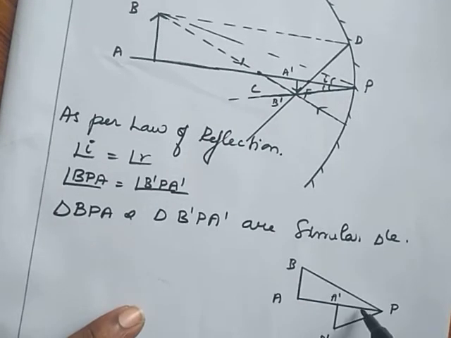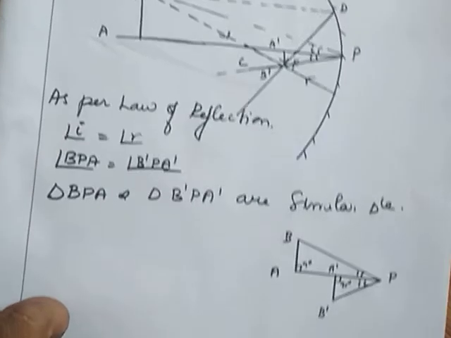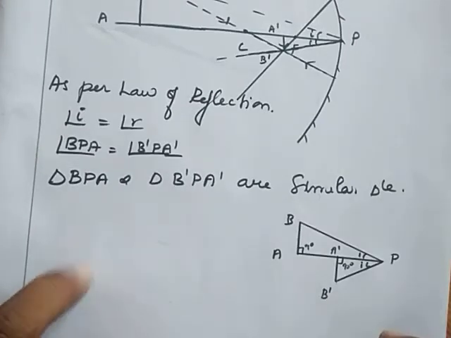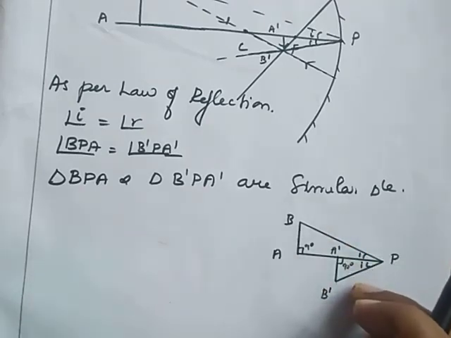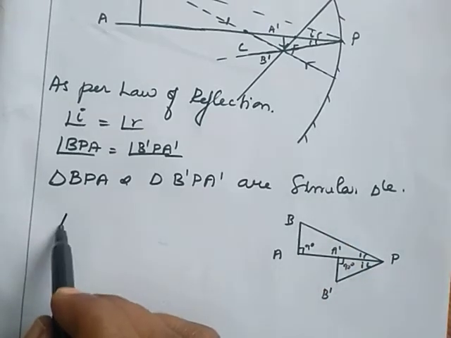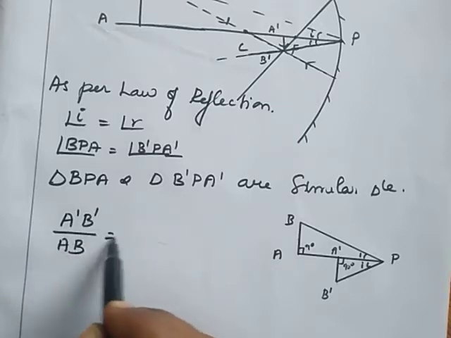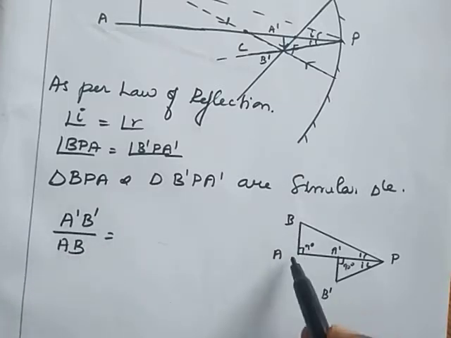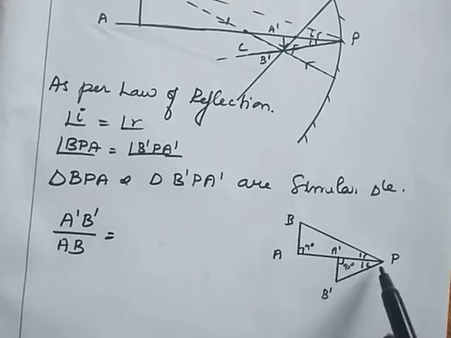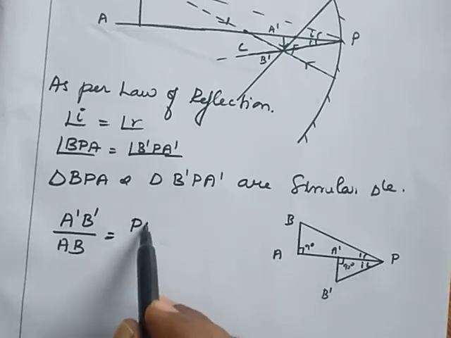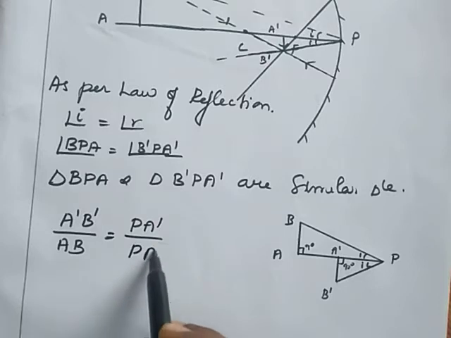From the law of reflection, this is i, this is also i, this is 90 degrees, this is also 90 degrees. So these two triangles are similar. Here I consider A dash B dash by AB is equal to PA dash by PA. I consider this as equation 1.